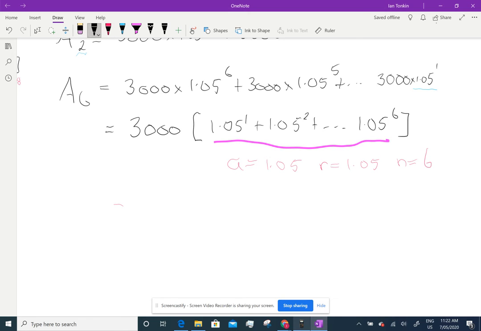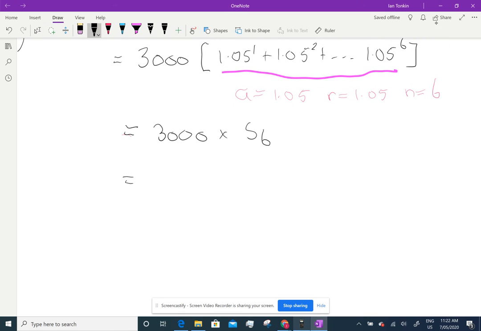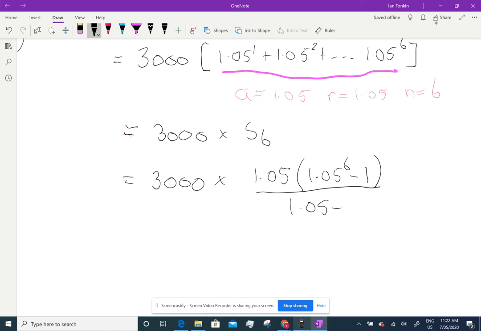So the amount will be 3,000 times S of 6. 3,000 times A, 1.05 times 1.05 to the 6 minus 1 on 1.05 minus 1.